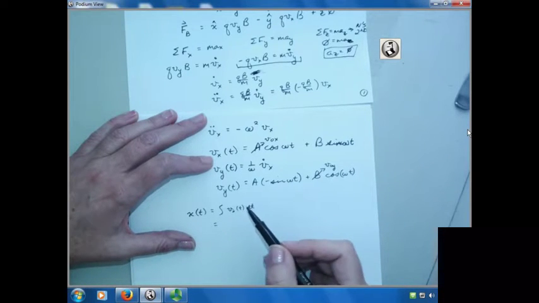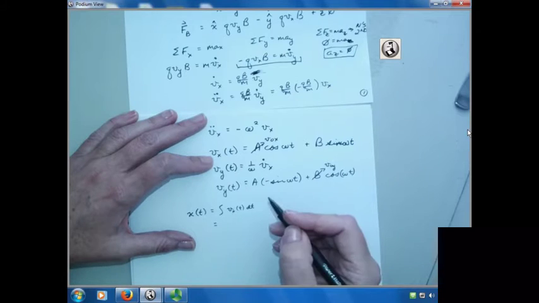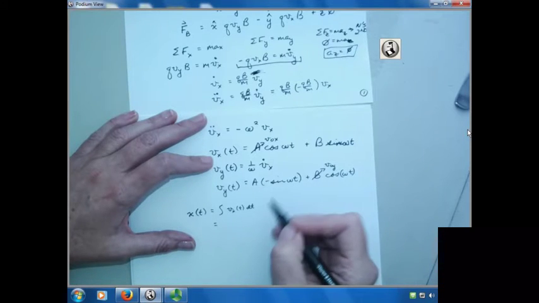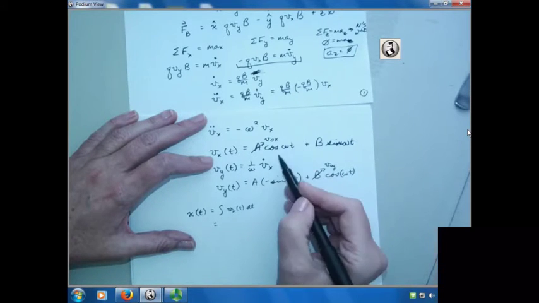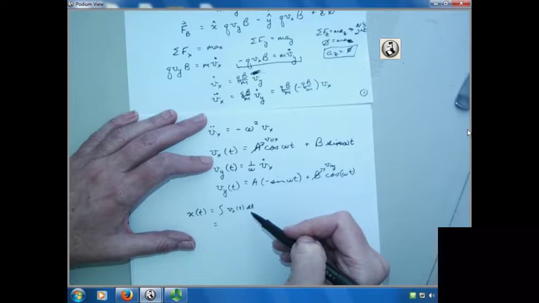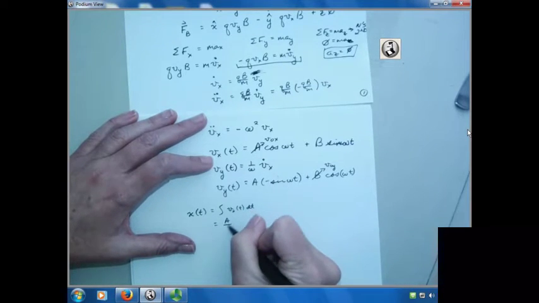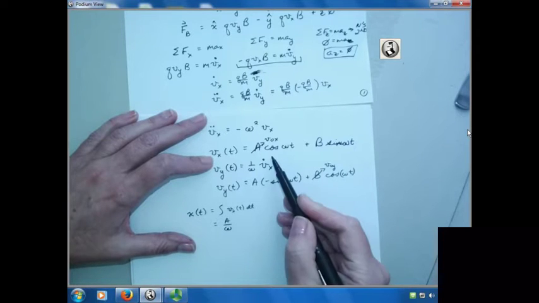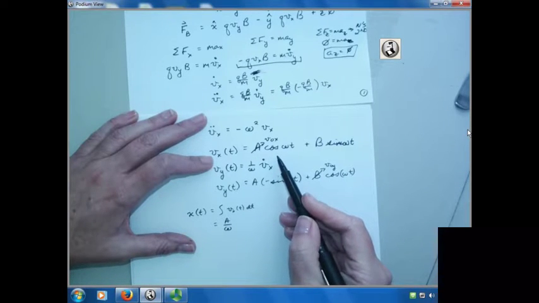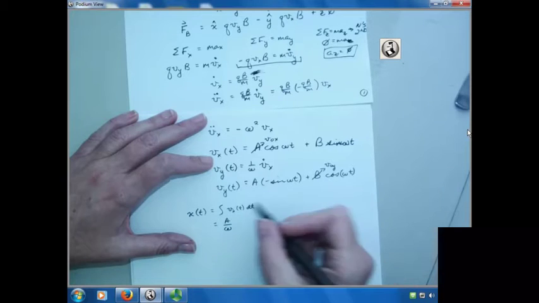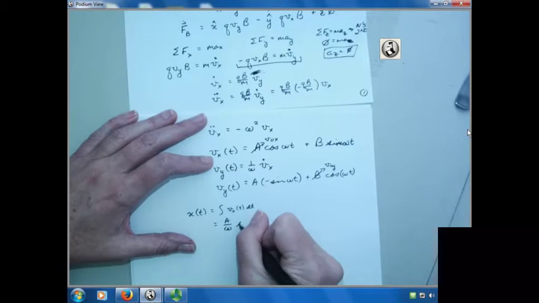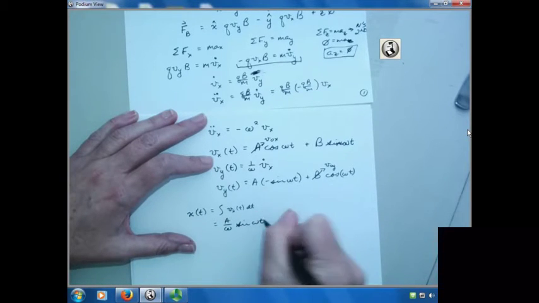So Vx as a function of time is A cosine omega t plus B sine omega t. And in order to do this integral, I'm going to have to multiply my dt by omega, which is going to give me a 1 over omega out front. So I'm going to get A over omega times the integral of cosine omega t times omega dt, which is sine omega t.